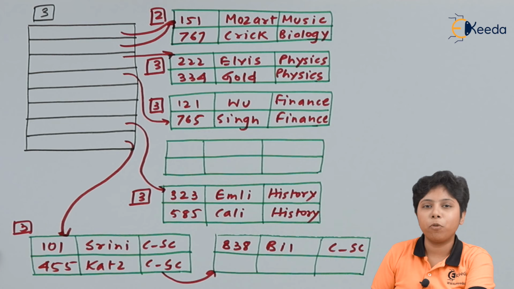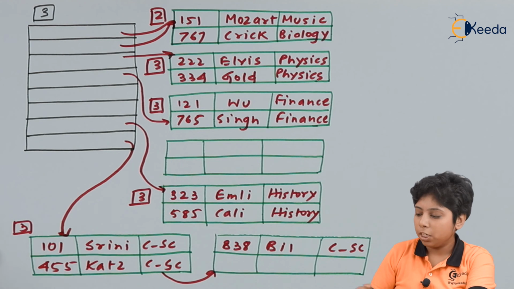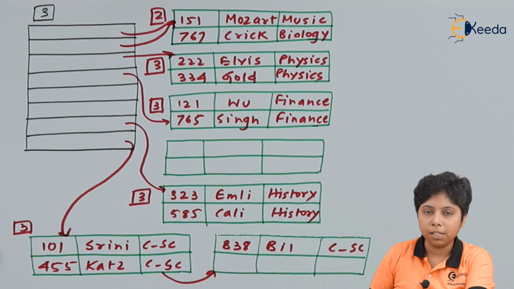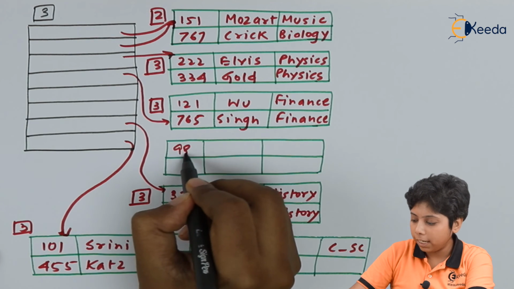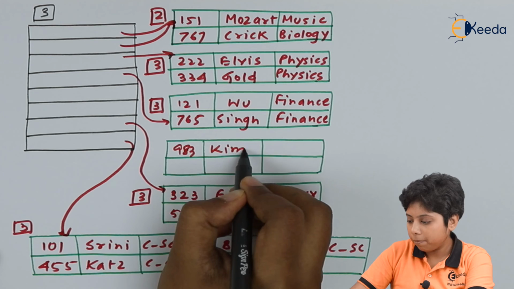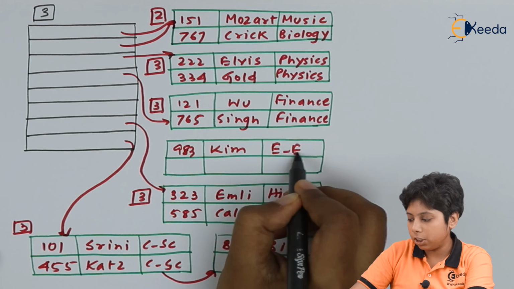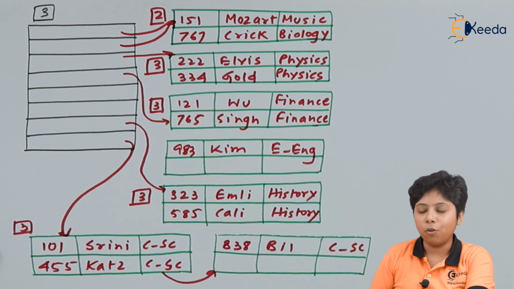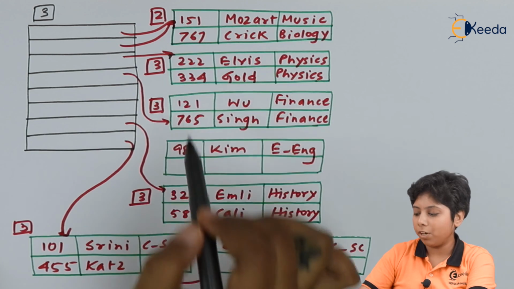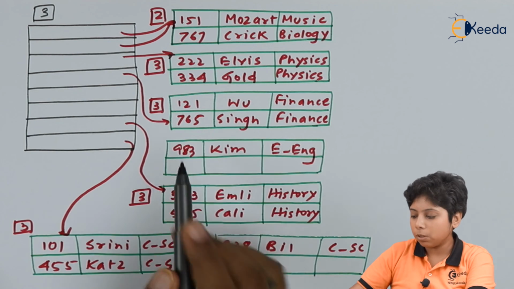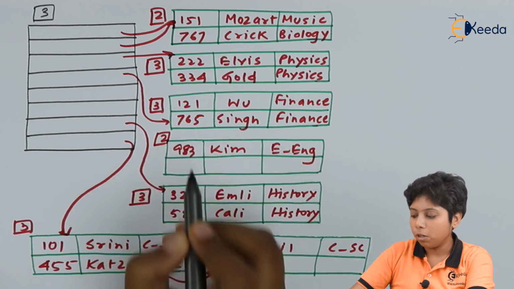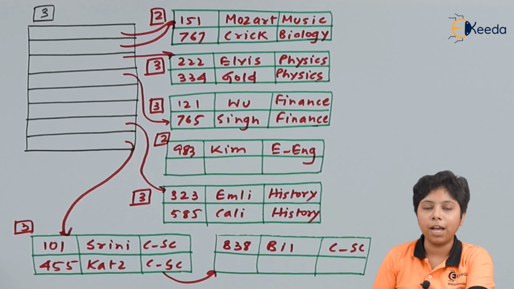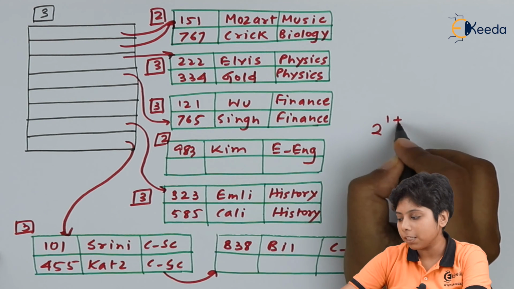Now we want to add more information to it, that is 983 Kim Electrical Engineering. So we have split this table, and now this new table holds 983 Kim Electrical Engineering. My indexing is like the previous one we have made. This one will be considered as 2, because it is a new one, and it is 2 to the power 1 plus 1.